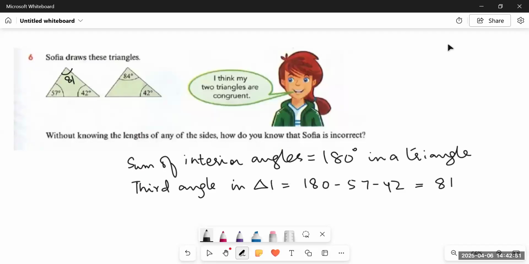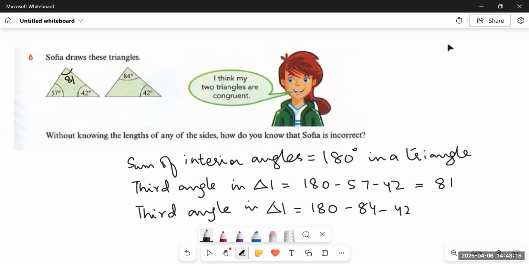Similarly, we can also find the third angle in triangle 2, which would be 180 minus 84 minus 42. First we will add 42 and 84, which will give us a sum of 126. And then we will subtract it from 180.